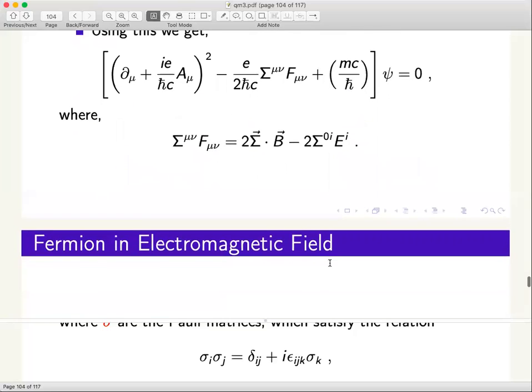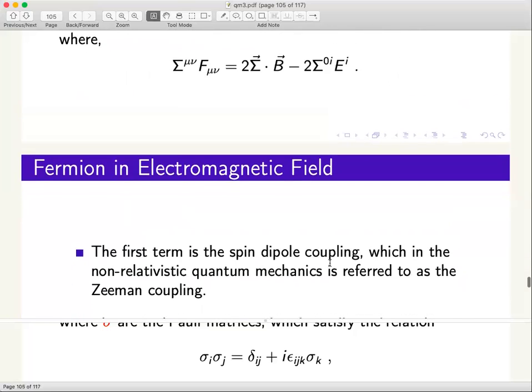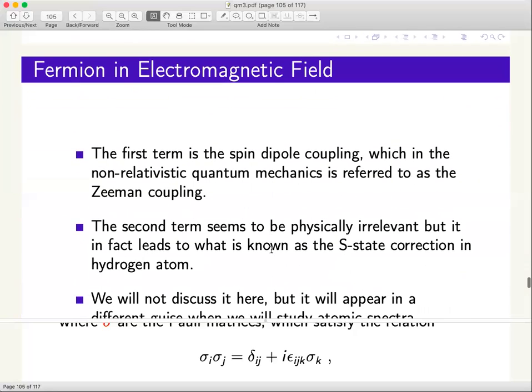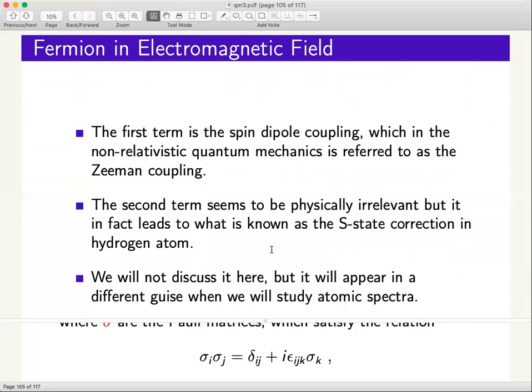Fine. So the first term, of course, we know is a spin dipole coupling. We had seen it a few slides ago. In non-relativistic quantum mechanics, we refer to that term as the Zeeman coupling. Whenever we studied the Zeeman effect, this is the kind of coupling that we looked at. It was there in the Pauli equation. The second term has a relatively less interesting physical interpretation, although it does have some effect which is called the S state correction when one studies the hydrogen atom.